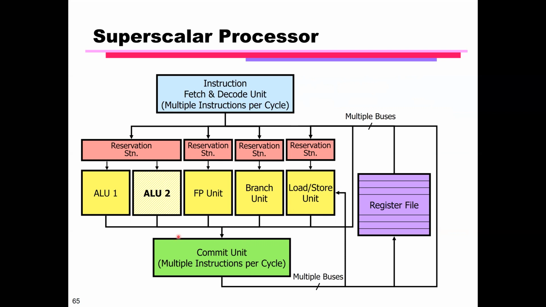And the same thing for the commit unit. I will want to commit not only one instruction at a time, otherwise my reorder buffer will soon be full. I need to support essentially the same throughput, so I will need to commit 2 or 4 instructions at the same time.